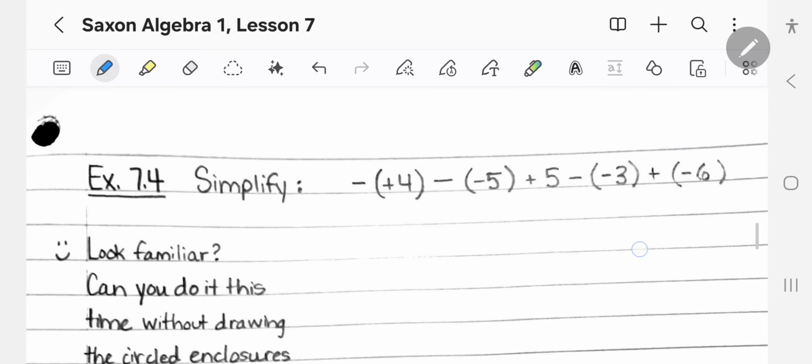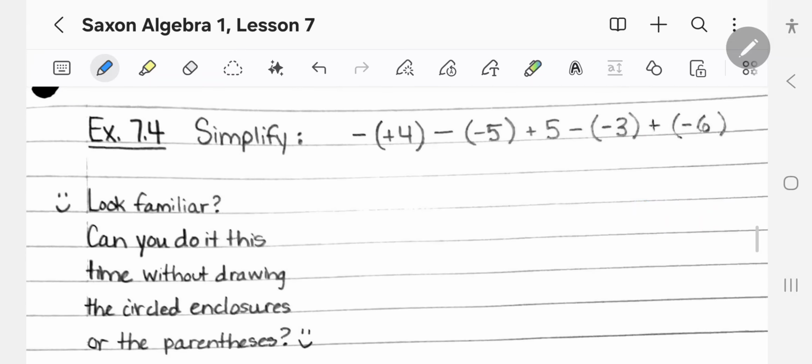In 7.4, this one looks familiar because we did it a little bit ago, but we showed all of the steps. This time we're going to try to do it without drawing the enclosures and without adding the extra parentheses to see if we can do it that way. I'm going to underline just so you can tell what I'm looking at, but I'm not going to circle anything.